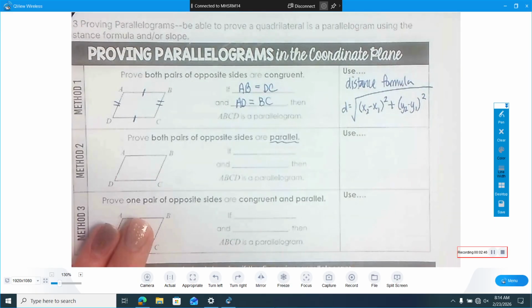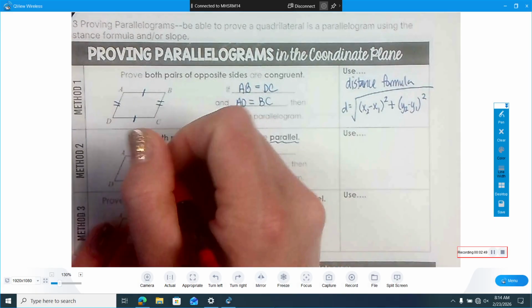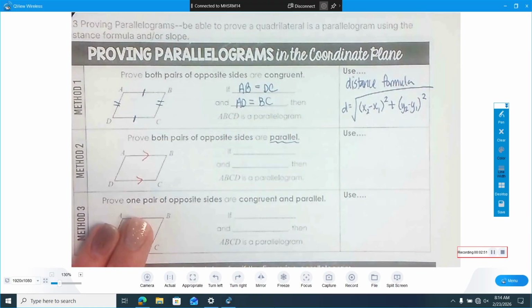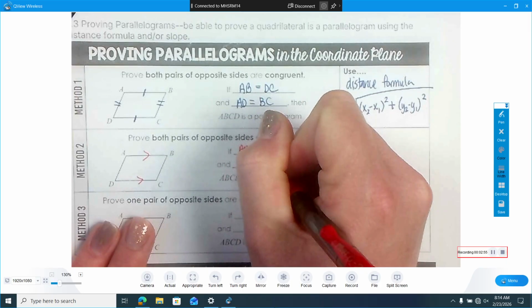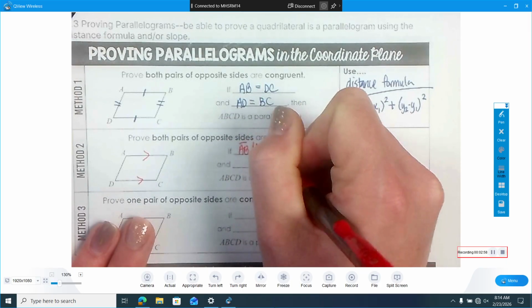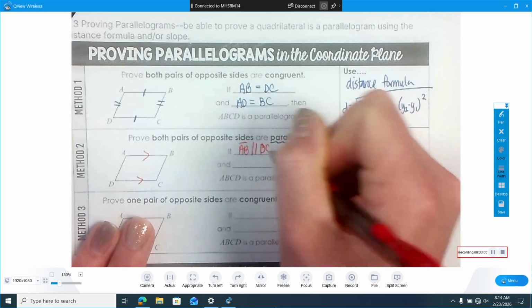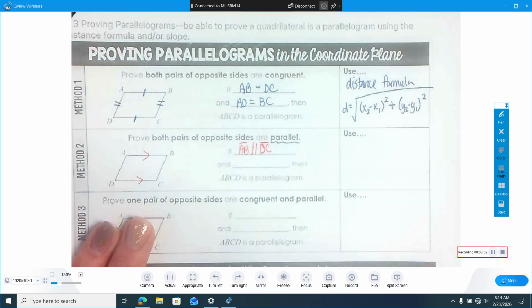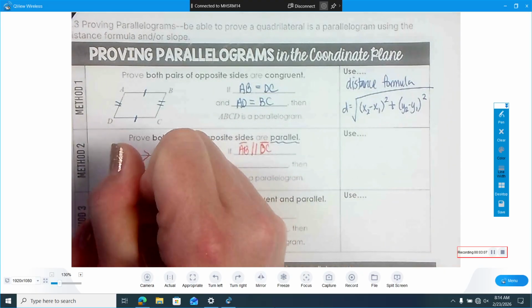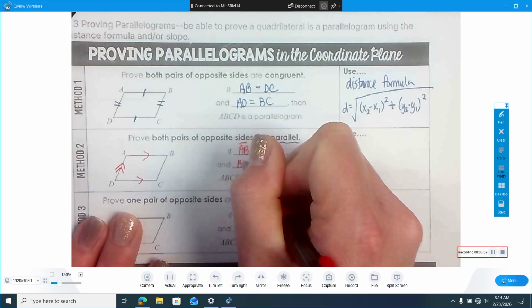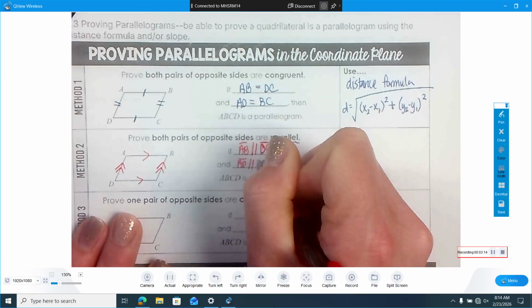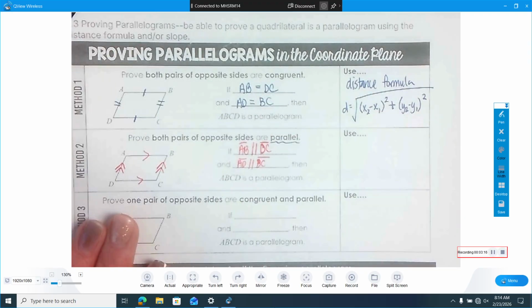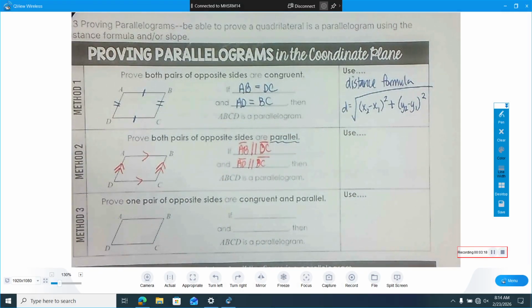And so we can prove that segment AB is parallel to segment DC, and we can prove that segment AD is parallel to segment BC. So how do we prove things are parallel?